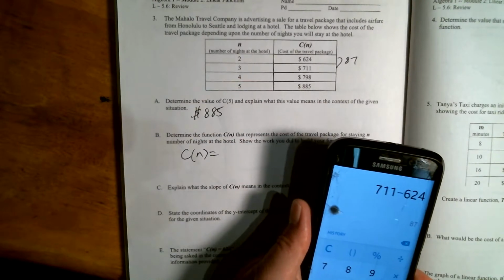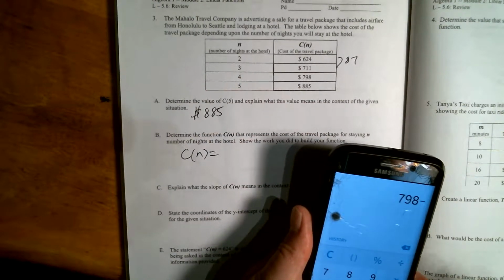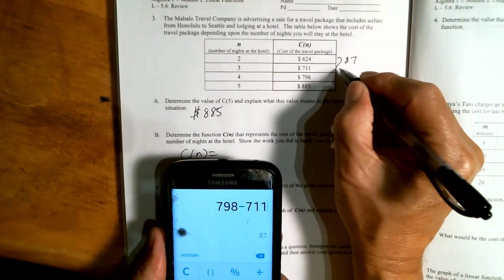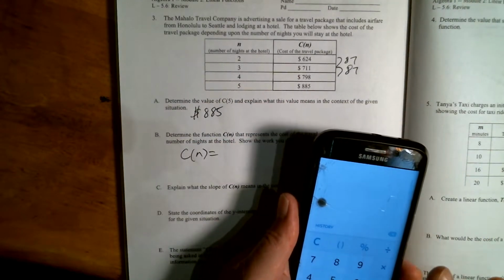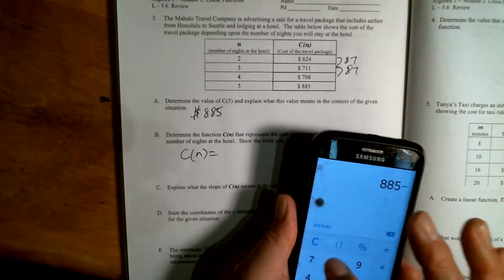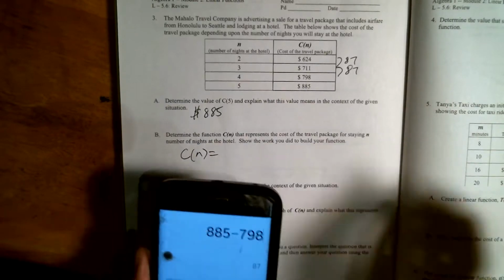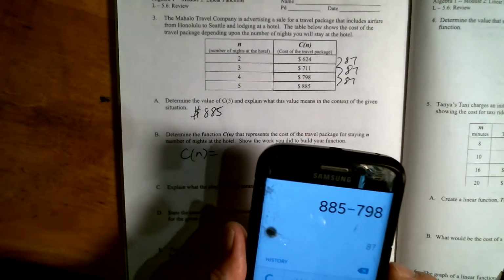How about this one? Okay, it seems to be 87 over here also. Let's try the last one. Okay, looks like it's $87 per night difference. That would give us our slope.